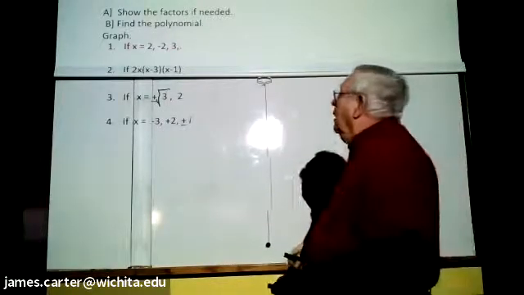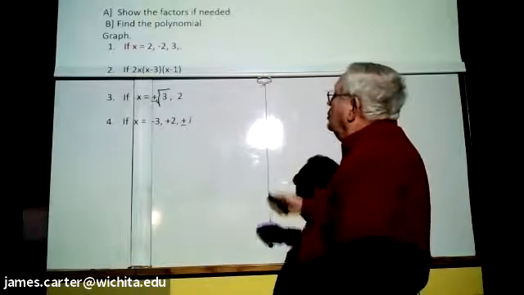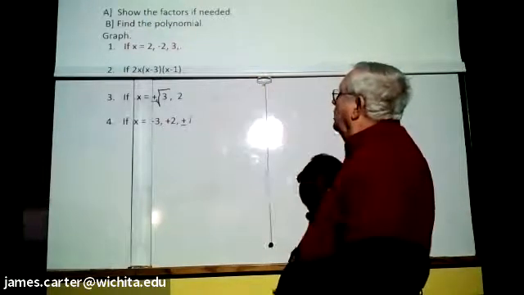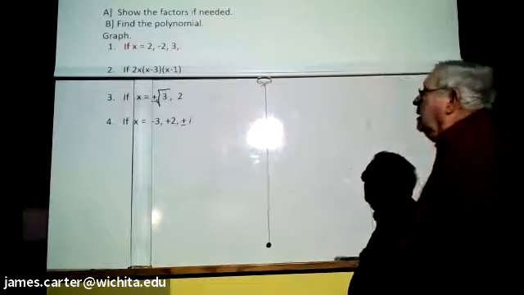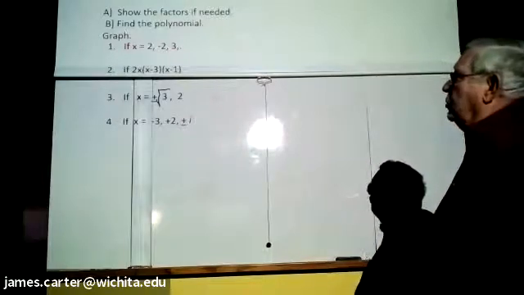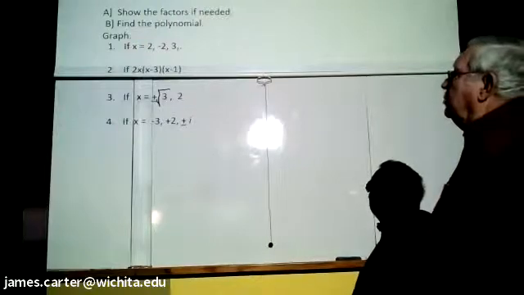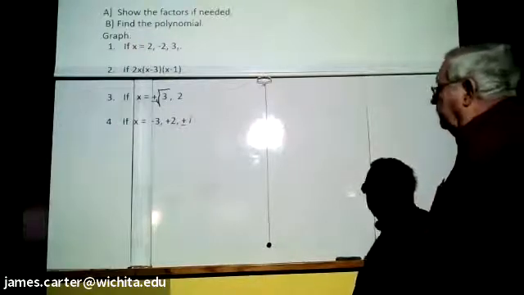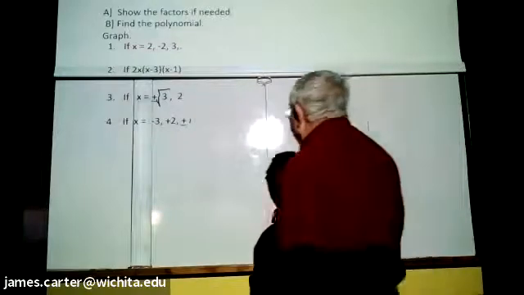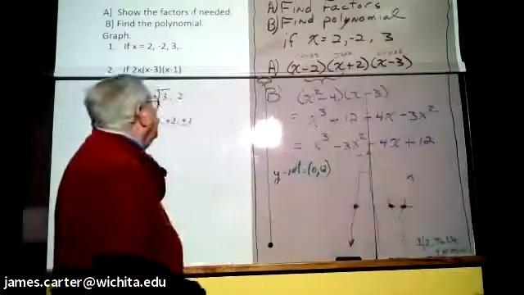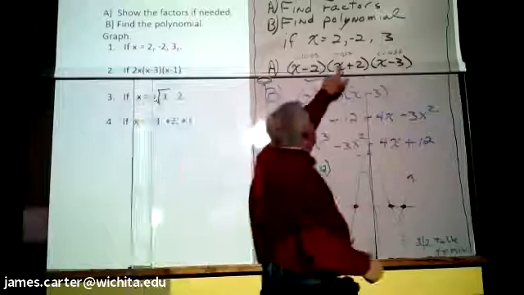Okay. Now, let's look at problem number 1 up there. I'm telling you that x is 2, -2, and 3. Now, what that means for you is you've got these 3 terms.